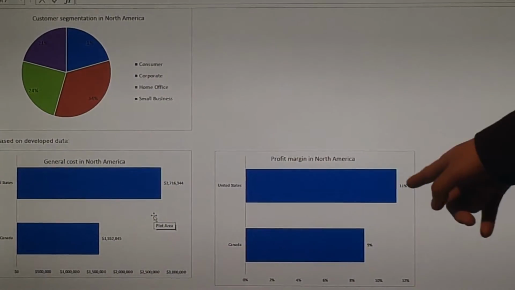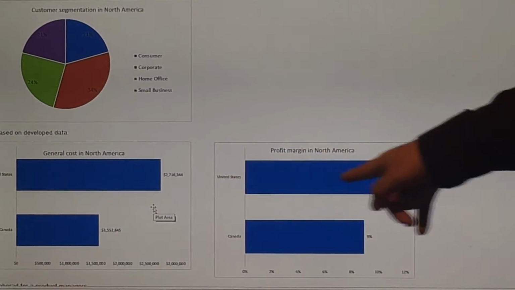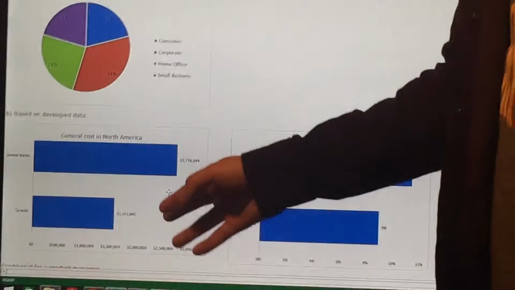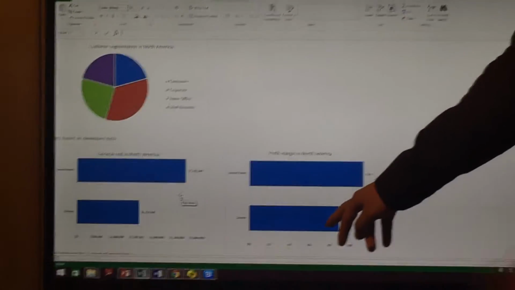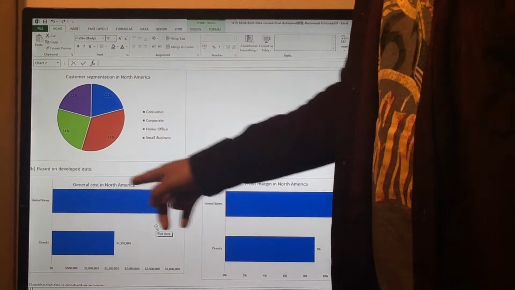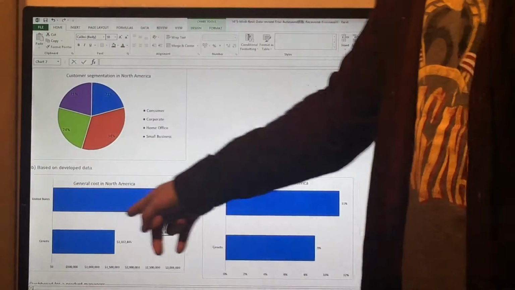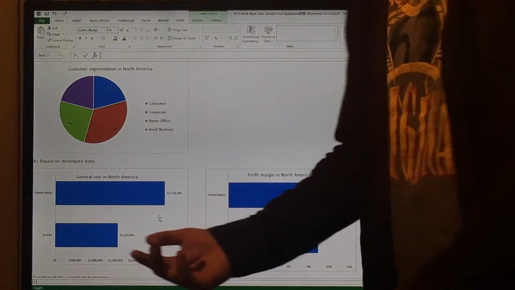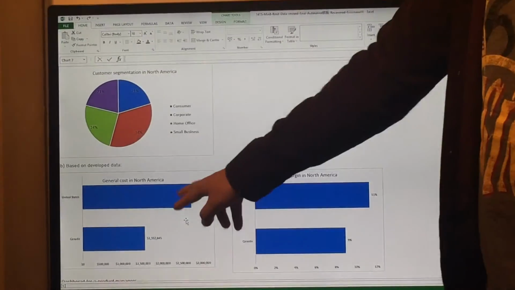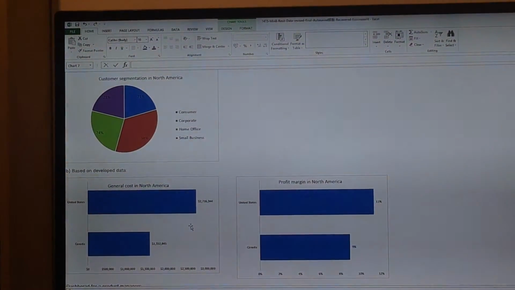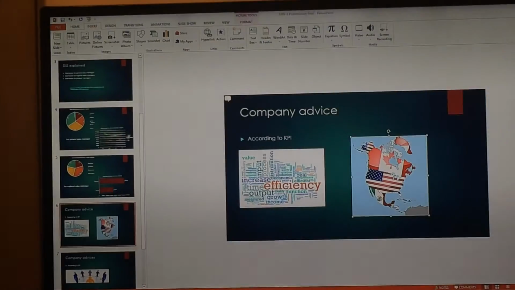However, the profit margin in the United States is only like 1.2 times the profit margin in Canada. So there are some costs lost in the United States. So the North American region manager should also focus on this cost and this profit margin. They should really focus on it.